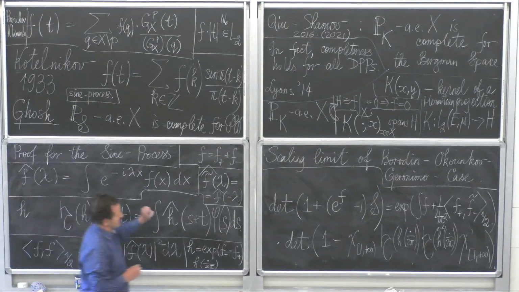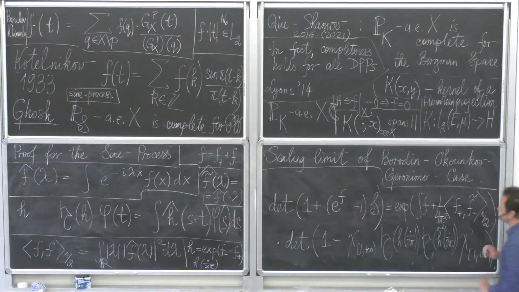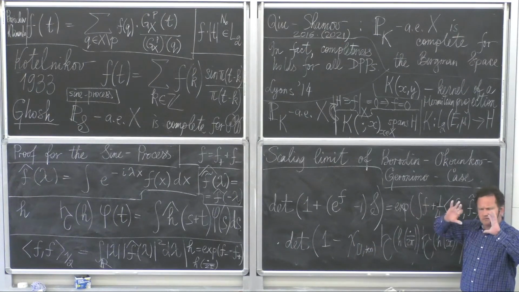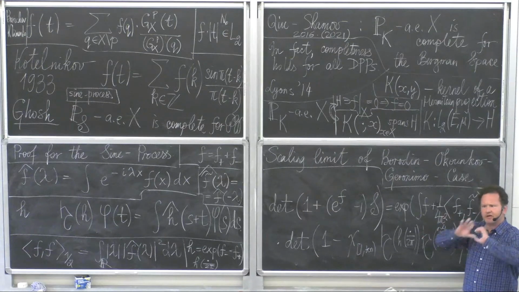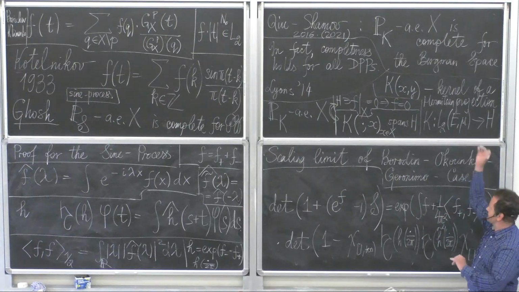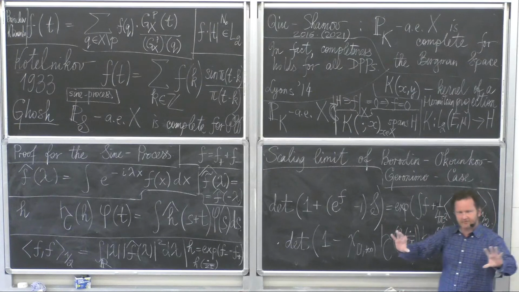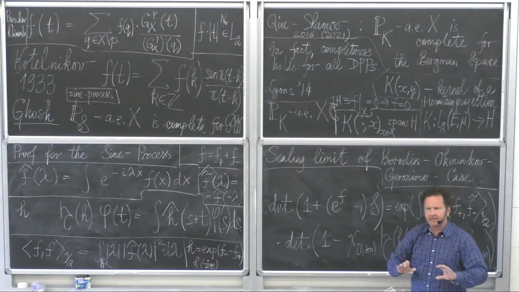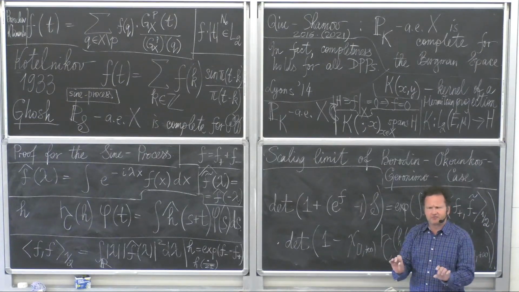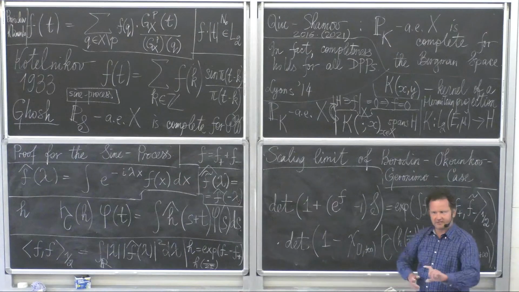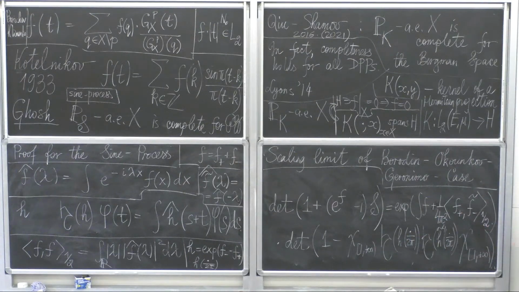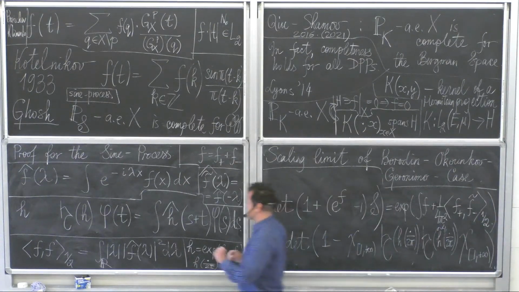I should say that this is just a straightforward exercise of taking the scaling limit in the Borodin-Okounkov formula. Just write the Borodin-Okounkov formula and take the scaling limit. But in this form, I have not seen it written down. I was looking for somebody to quote, but maybe the experts should tell me. I have not seen it written down in such specific form, even though it is just a 3-line exercise.